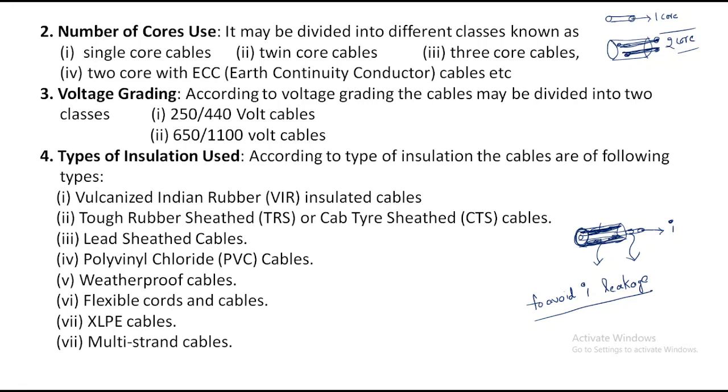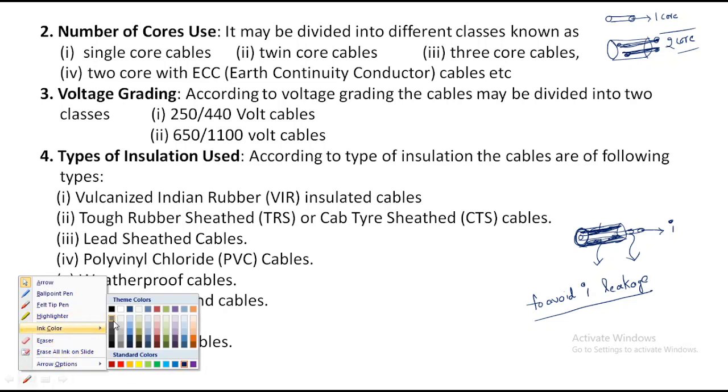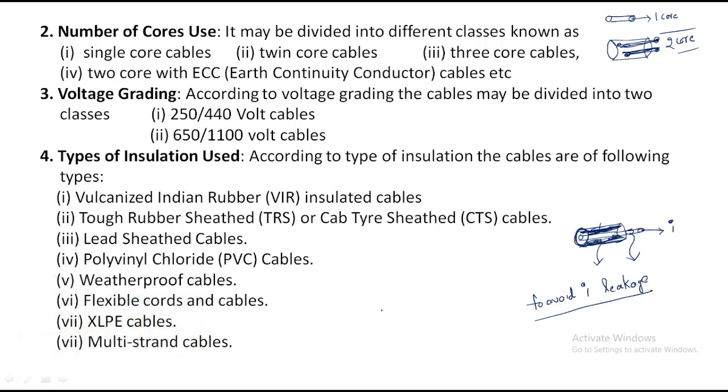Earth continuity conductor cables. Earth continuity conductor means, generally in our daily life, what we call earthing. Earthing means, for example, we have equipment or a motor.